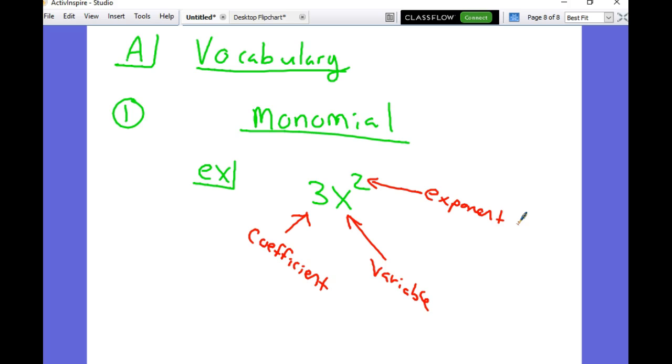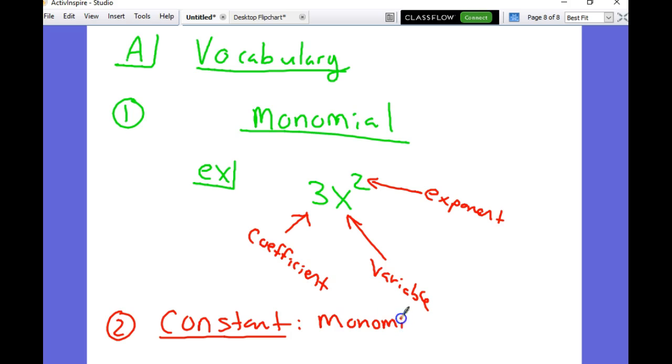Number 2, constant. A constant is basically a monomial with no variable. As an example, like 6.